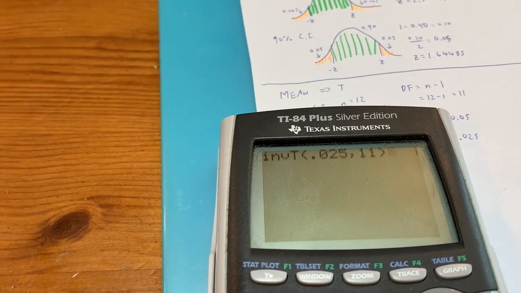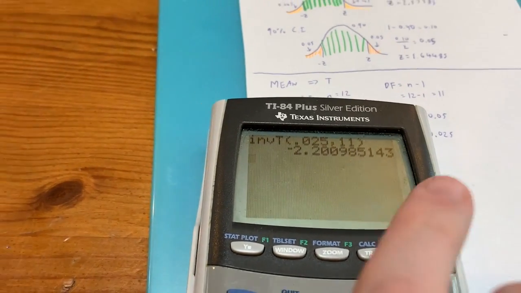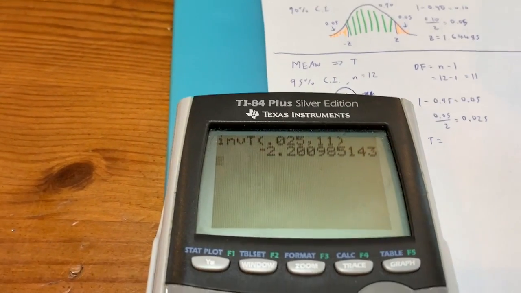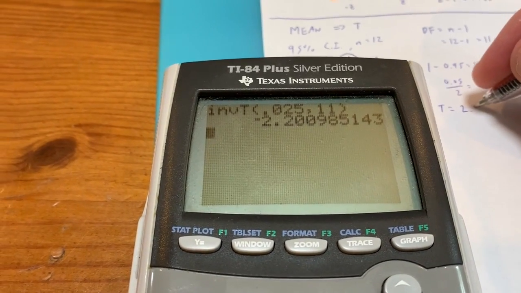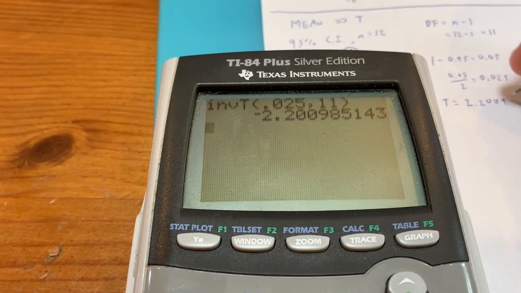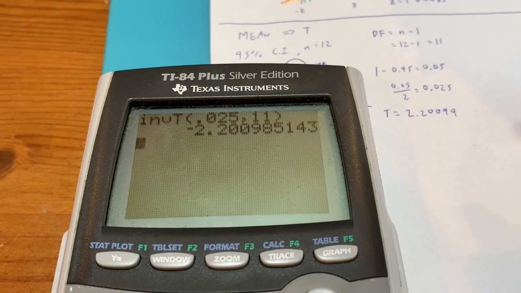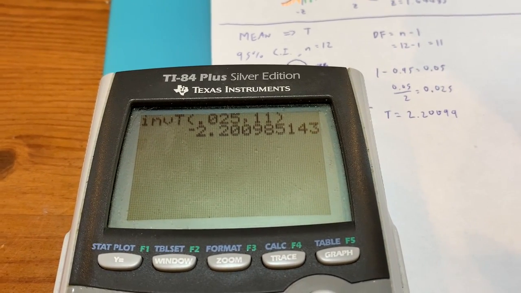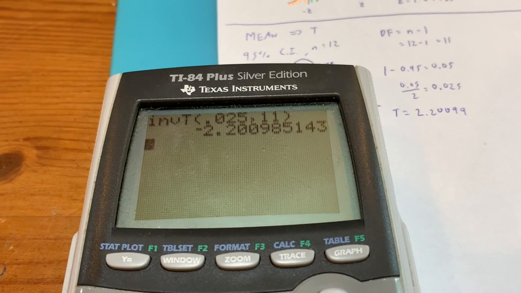Remember, that's sample size minus 1. And so the calculator is telling us that this number on the screen is the t-score. Again, we'll just make it positive. 2.2009, we'll round up. And that would be the value that we'd use in the mean confidence interval formula, and we'll talk about that in another video. But for now, again, this is just how you get the t-score.